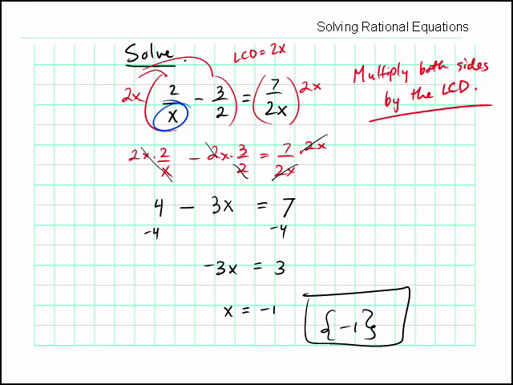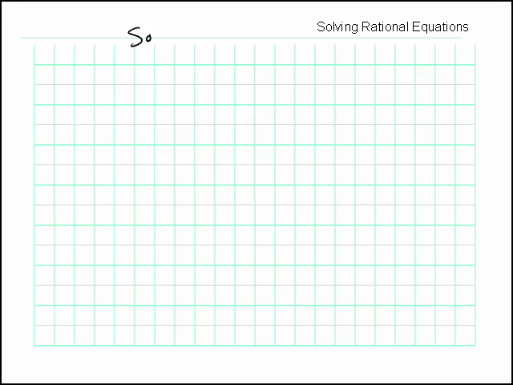Let's try another one like this. Let's solve the equation -3 over 20 plus 2 over x equals 5 over 4x. Okay, the very first thing we do is we multiply both sides by the LCD.